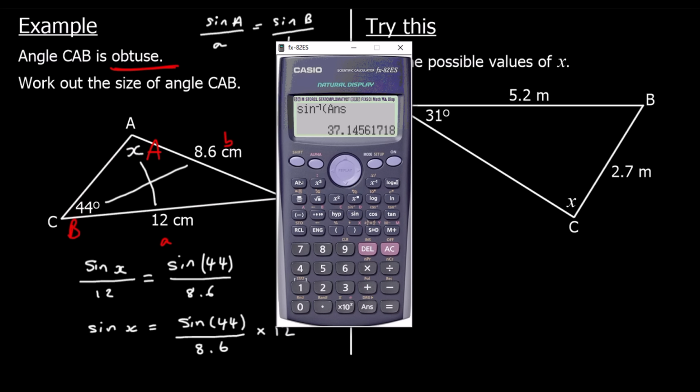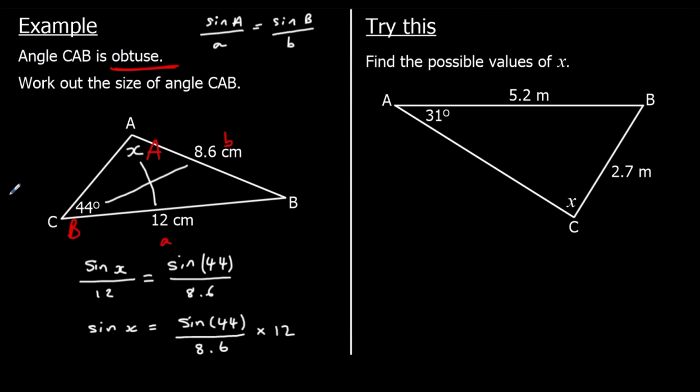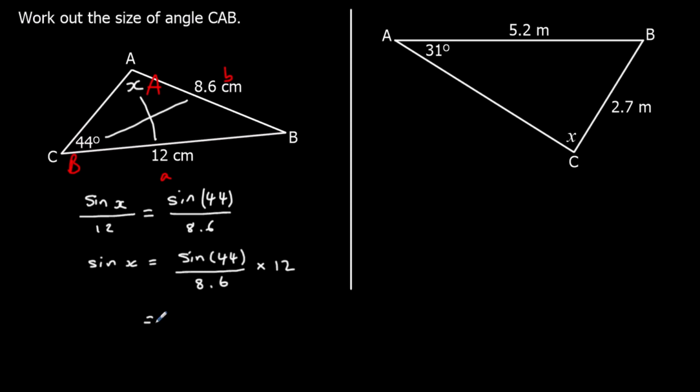So sine 44 over 8.6 times 12, and we've got our sine x of 0.969 and so on.